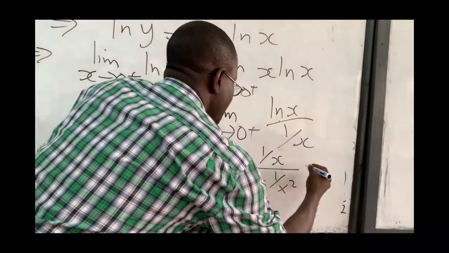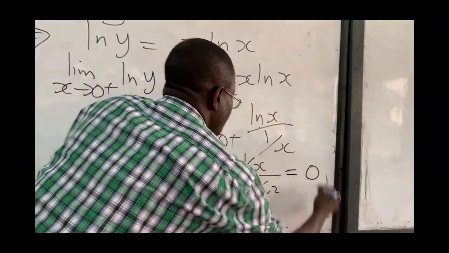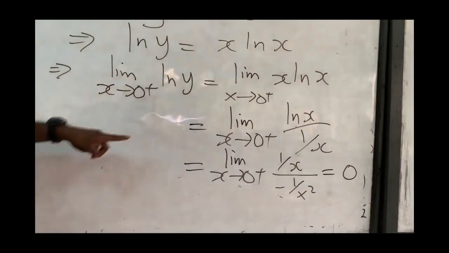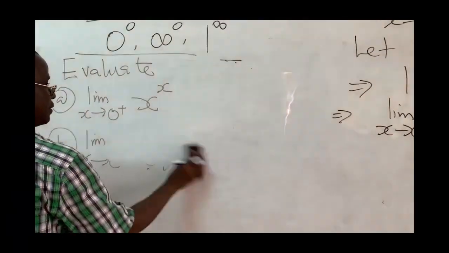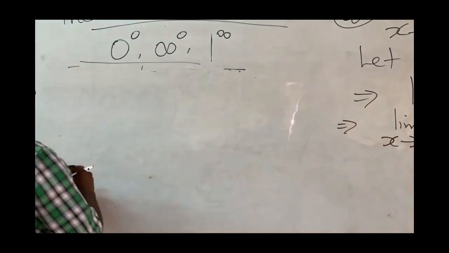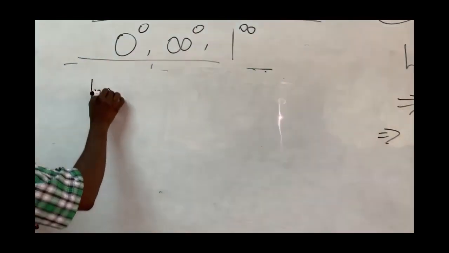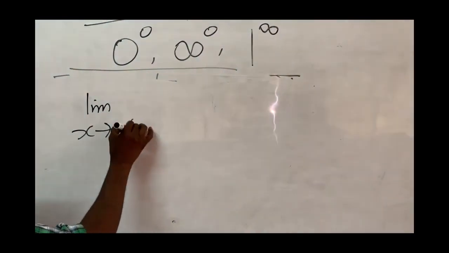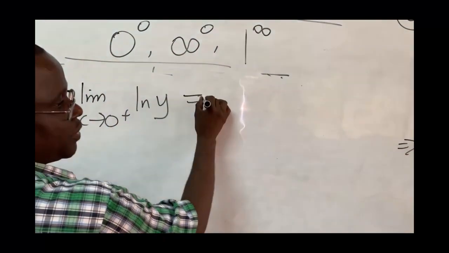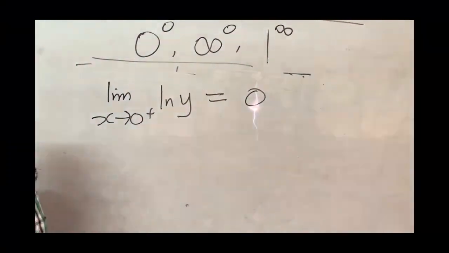And then we saw that this one is going to 0. What this is telling us is that the limit as x goes to 0 plus of ln y is equal to 0.